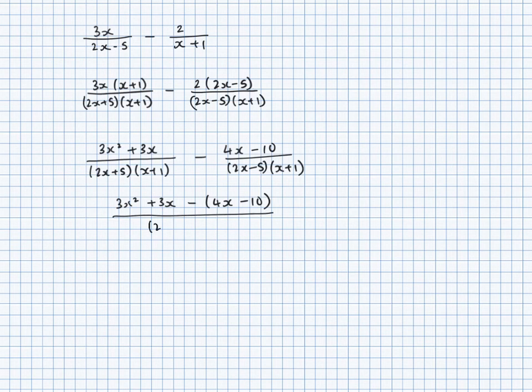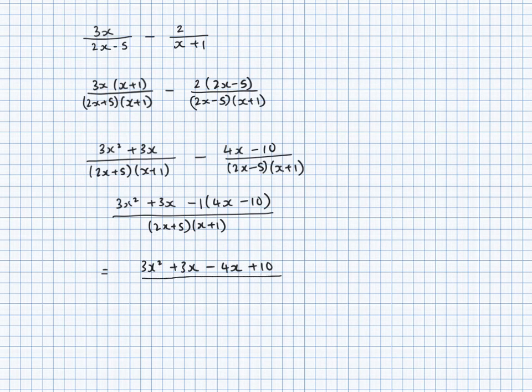It's going to be 2x take away 5 and x plus 1. And then in the end what we're going to have is 3x squared plus 3x, take away 4x, add 10. Okay, so notice how taking away this negative 10 is like adding 10. Sometimes I think people like to write the 1 here to show that it's a negative 1 times negative 10 that they're doing, which gives them this add 10 there.